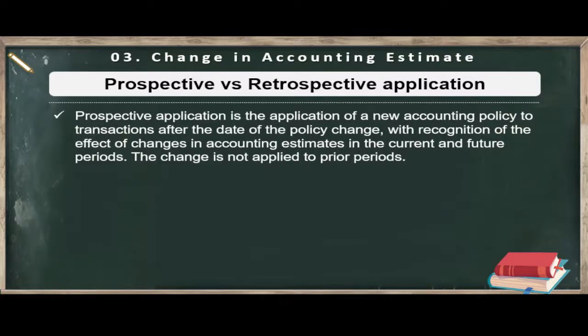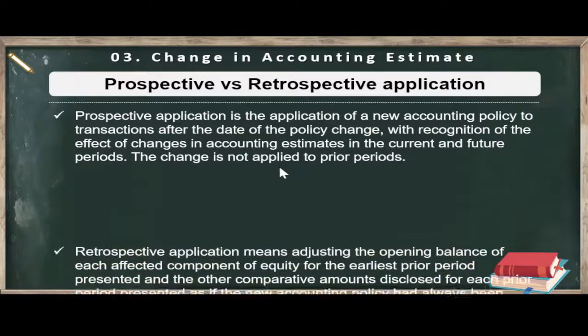So, para klaro, okay, again, prospective application is the application of a new accounting policy to transactions after the date of the policy change with recognition of the effect of changes in accounting estimates in the current and future periods. The change is not applied to prior periods.